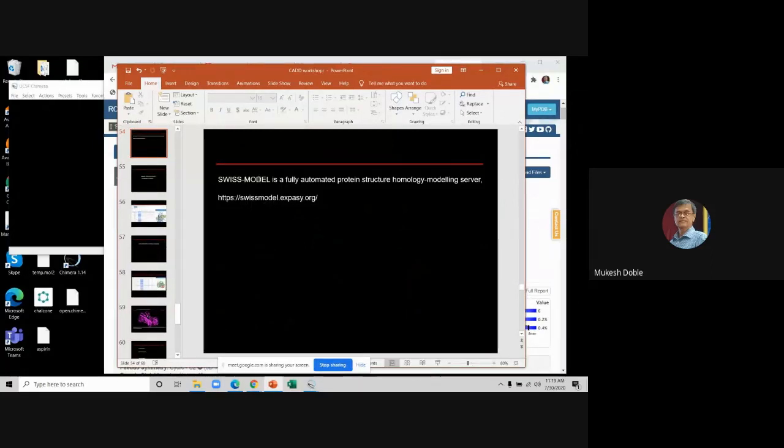As you saw, the program which does that is called BLAST, and then we take the template which has a higher percentage of sequence similarity, or which is more relevant to our research. In this case, I showed you I'm more interested in human inflammation, so I took a template which has only 88% sequence similarity.